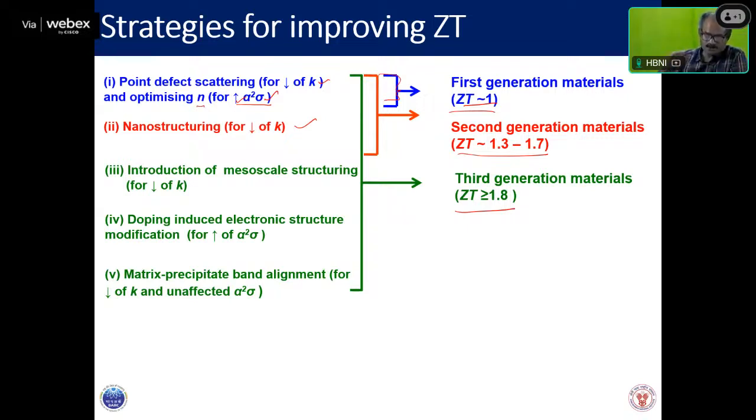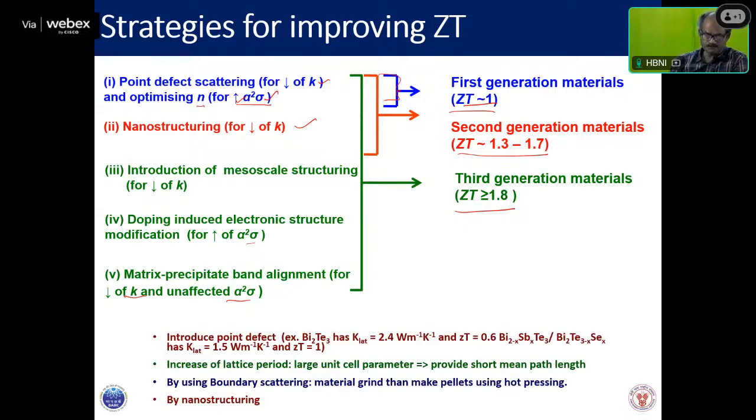The doping also creates extra energy levels, and that is responsible for increasing the electrical conductivity. And then matrix precipitate band alignment for optimization of both, so K is reduced and this alpha square sigma remains unaffected.